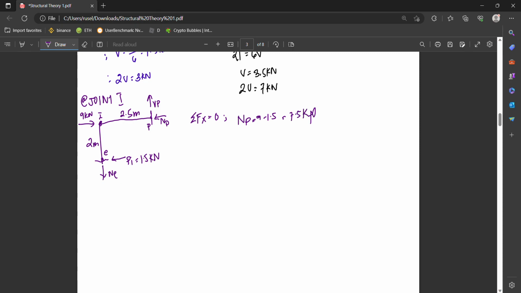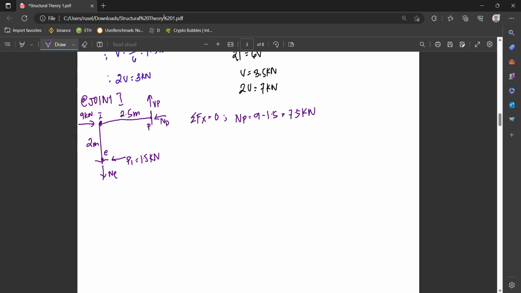Okay? Let's fix this. Summation of forces along x, you have your NP equal to 9 minus 1.5. This is equal to 7.5 kilonewton.